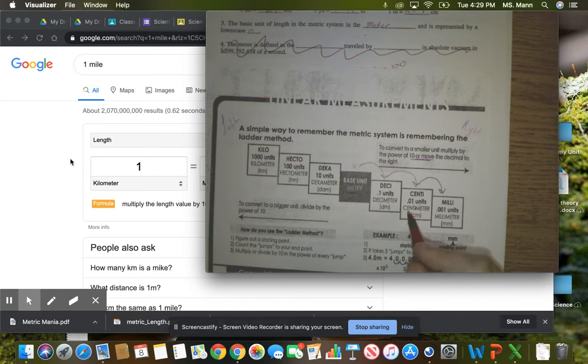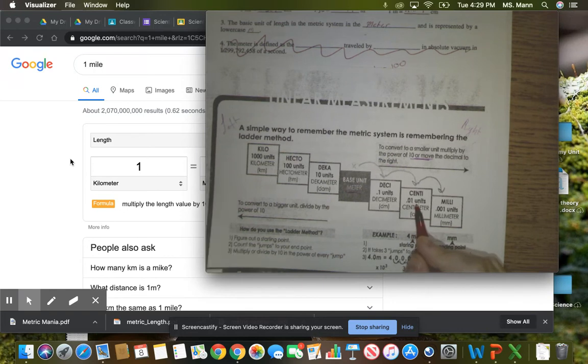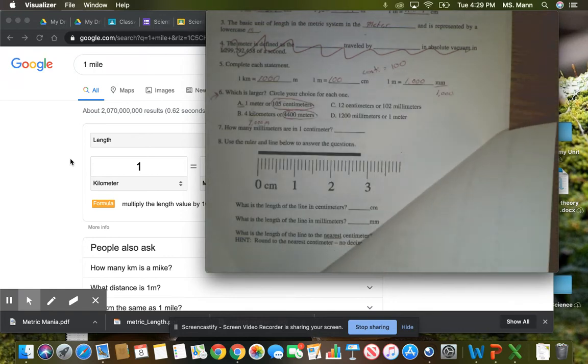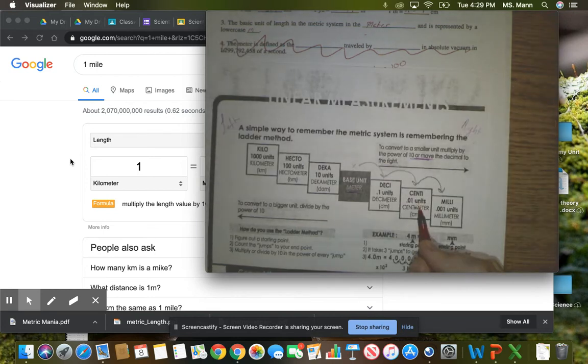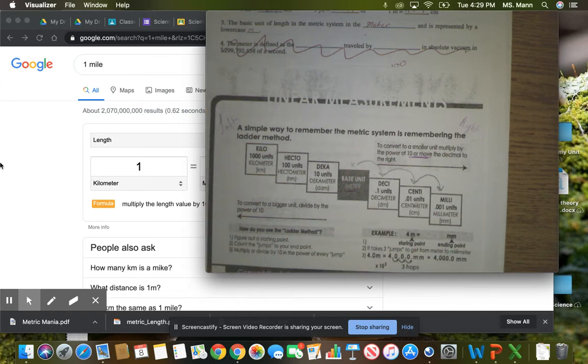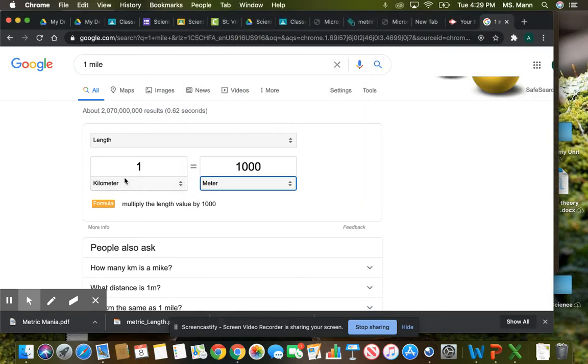So we have a centimeter, and it wanted how many millimeters are in 1 centimeter. I do believe it's 1,000, but let me check. So we got 1 centimeter, and there's 10 millimeters in 1 centimeter.